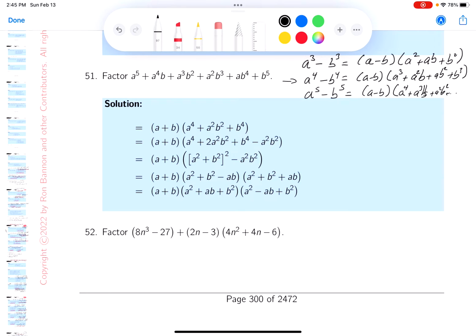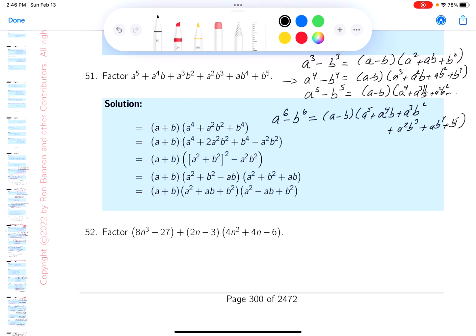So what I want to do is write down a6 minus b6. Now I'm going to put the pattern down for you. The pattern, a minus b, you're going to get a5 plus a4b plus a cubed b squared plus a squared b cubed plus ab4 plus b5.